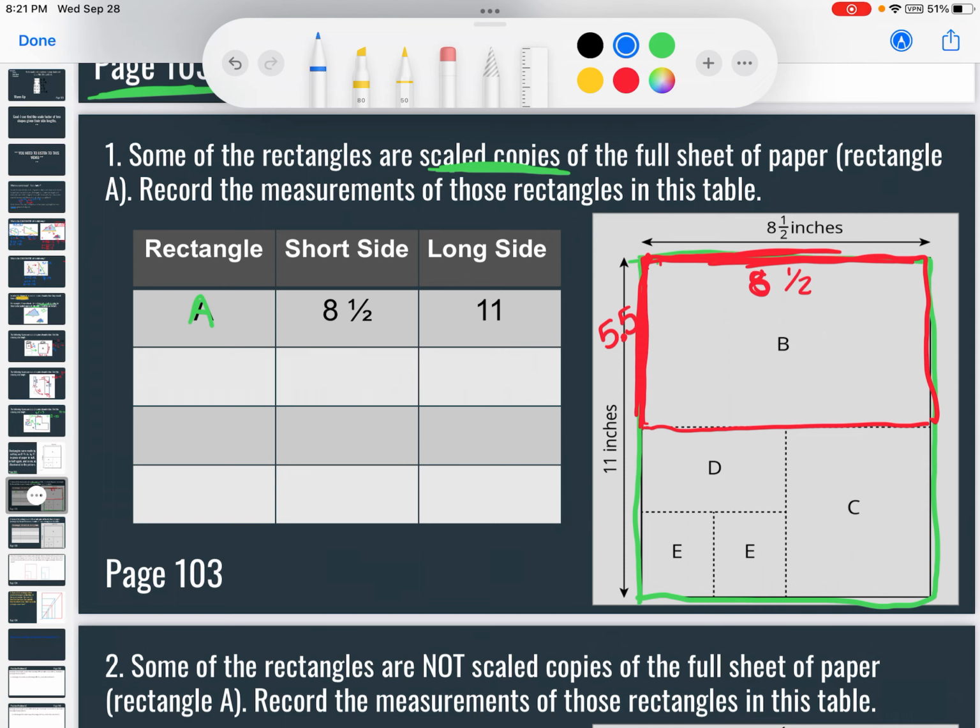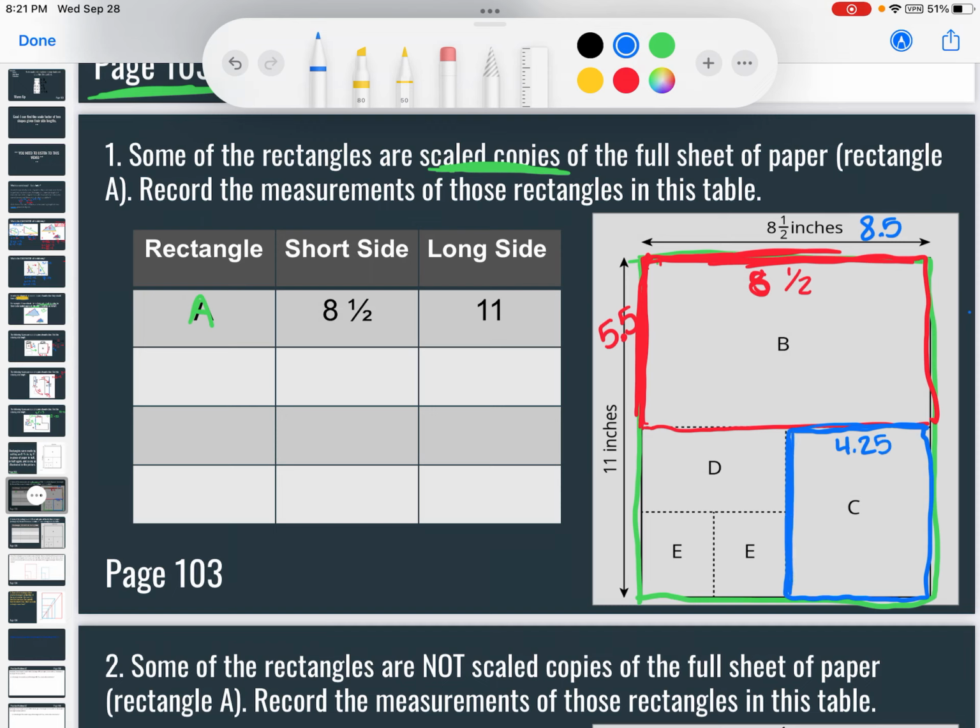So now let's go to C, which is this guy down here, the blue one. We can see that when we folded it, we cut the short side in half. So what is 8.5 divided by 2? Go ahead and type that in, and you should get 4.25. So we cut that side by 2.